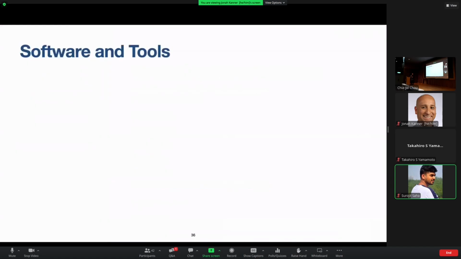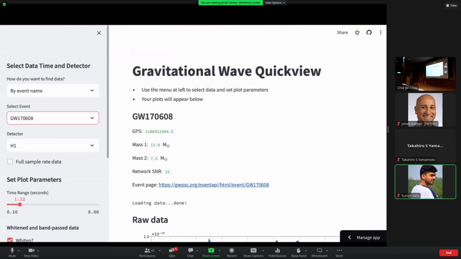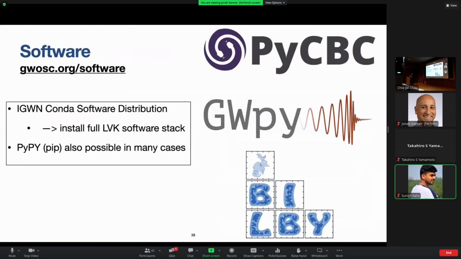So we do make available a number of different software and tools. This is that quick view app again. But then we also have software libraries, at gwosc.org/software. And of course, there's this large LIGO-Virgo-KAGRA collaboration. Many people over many years have written a number of software packages that are open source and available. And so you can learn how to find these packages, download them, and install them.